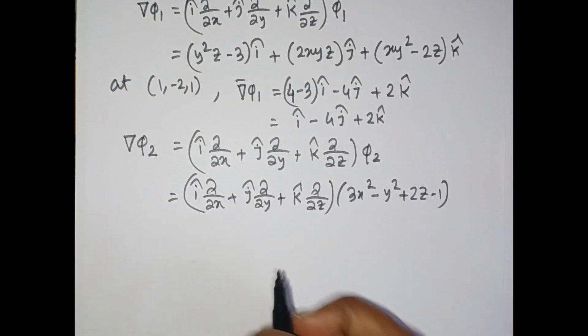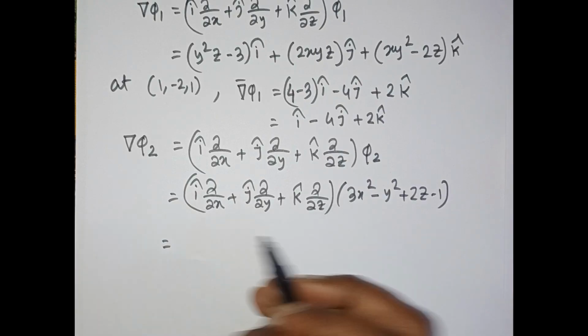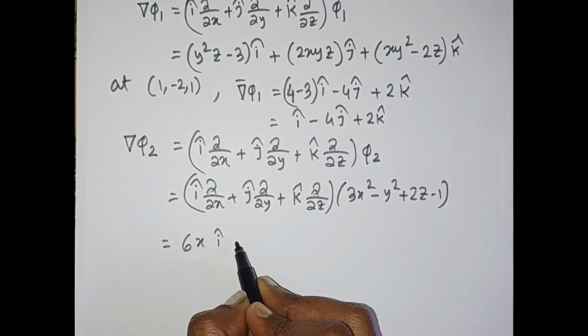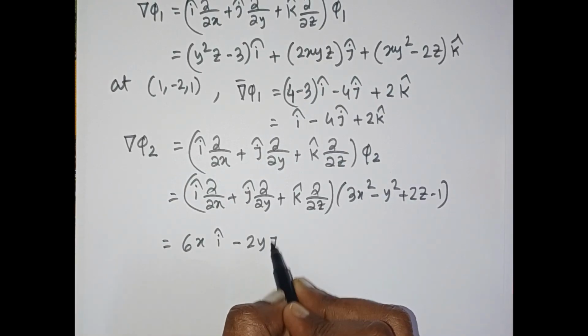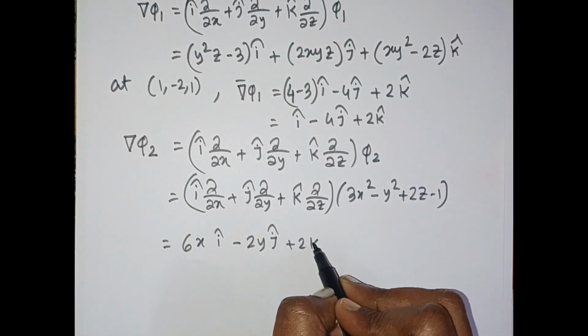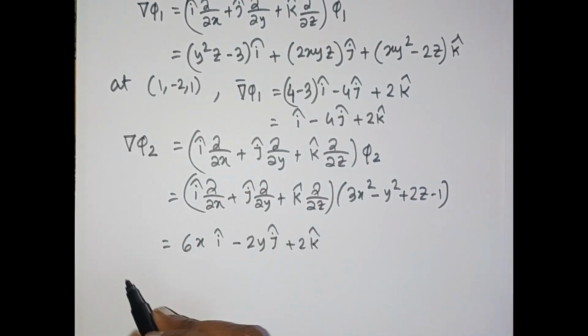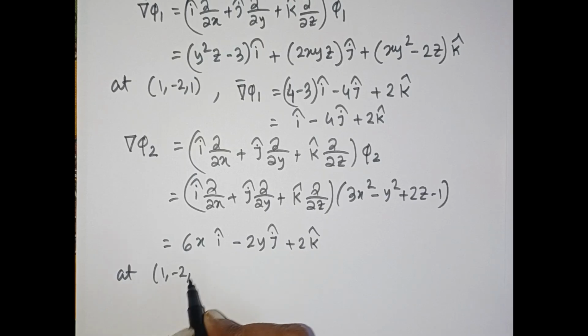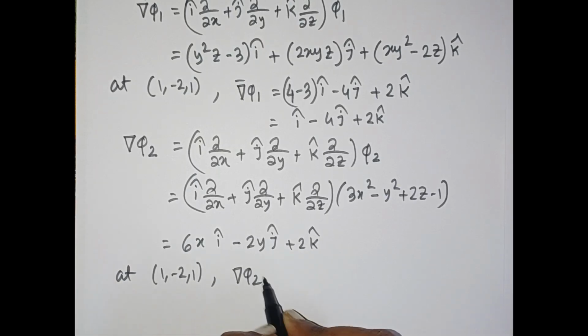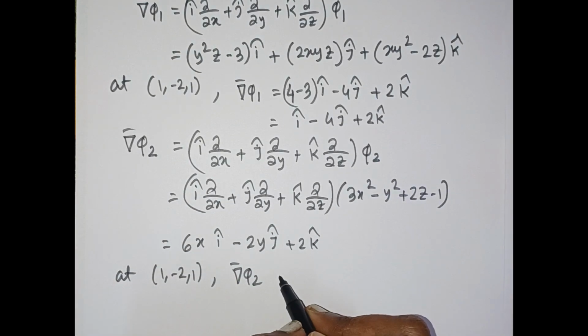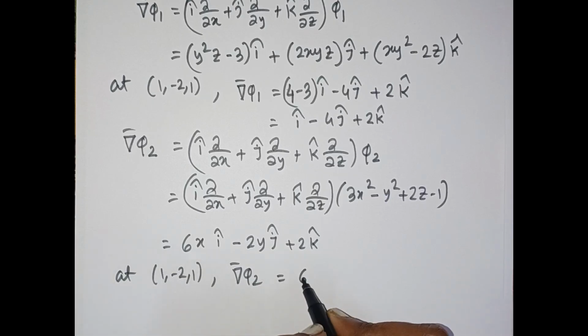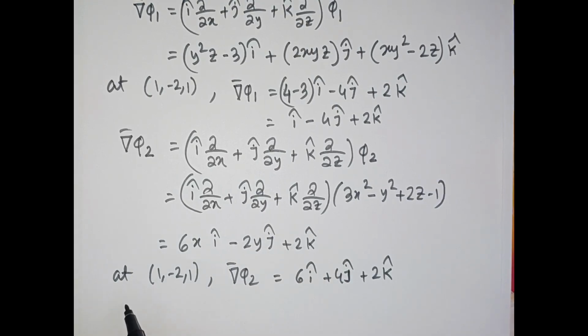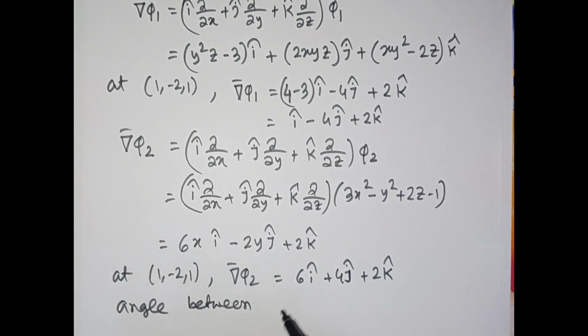If we calculate this, with respect to x it will be 6x i minus 2y j plus 2k, and at the point 1, minus 2, 1, grad phi 2 equals 6i plus 4j plus 2k. We have to calculate the angle between the gradients.